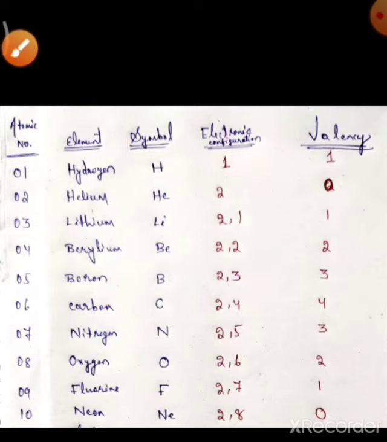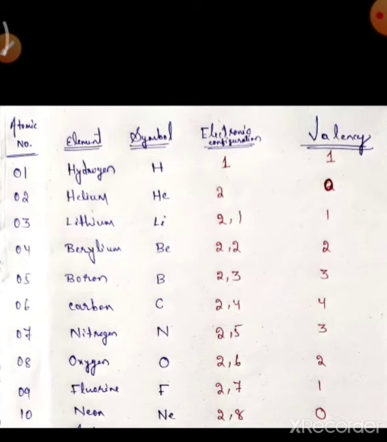Then boron, electronic configuration 2 3, valency 3, carbon 2 4, valency 4. So you go through all these 20 elements and note down their atomic number, element, symbol, electronic configuration and valency.